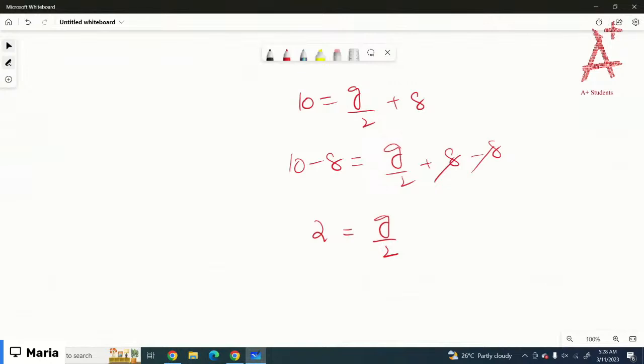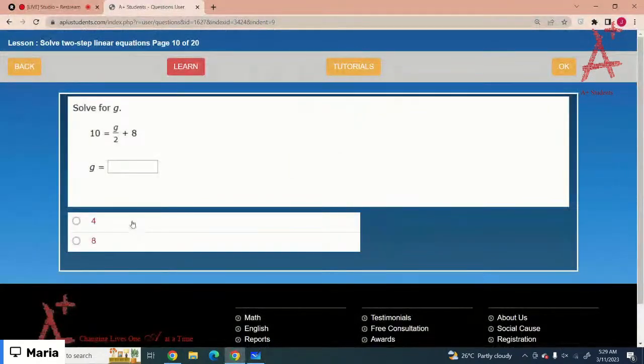So you have to multiply both sides by 2. So it would be g equals 2 times 2, which is 4. Got it? So the correct option is g equals 4.